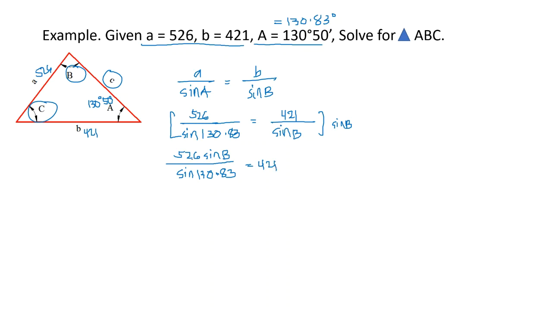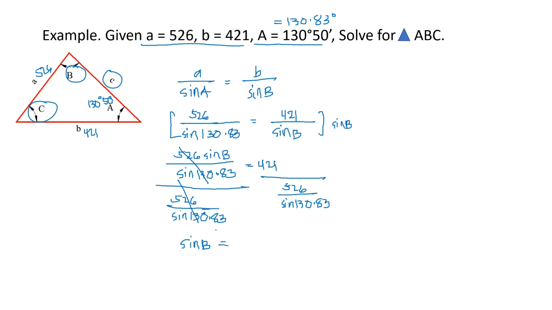We still need to isolate sine B. We can divide both sides by 526 over sine 130.83 so that the 526 cancels. What remains is sine B. Division of a fraction means multiplying by the reciprocal of the denominator.